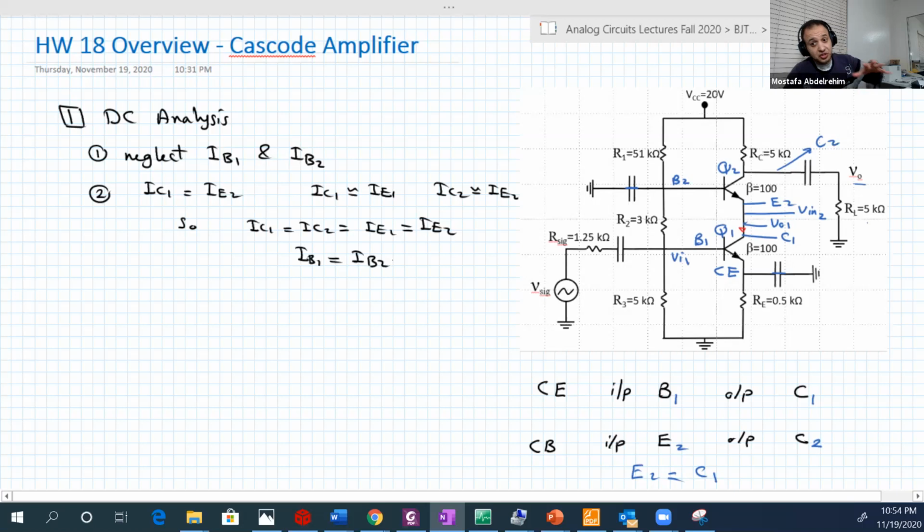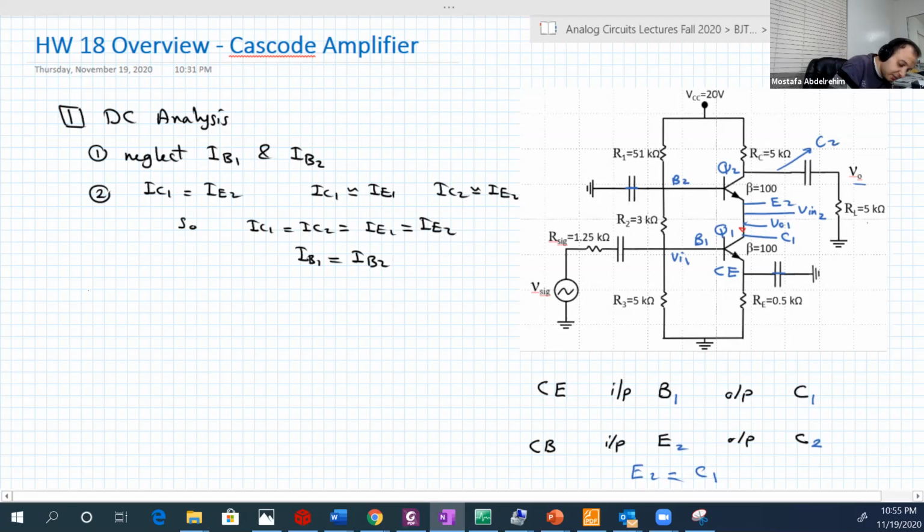And of course, here the transistors are identical. They have the same beta. That's why we are confident in making the assumption that I base 1 equals I base 2, and we are sure about it because beta is the same for both transistors.